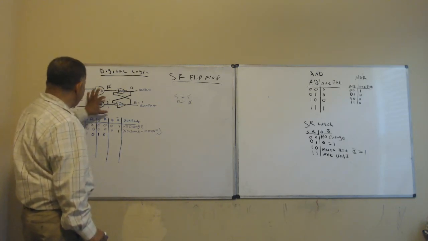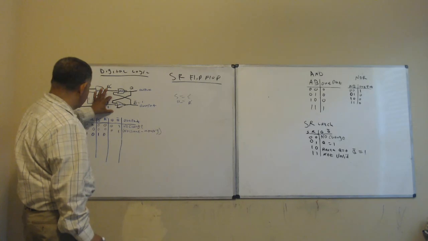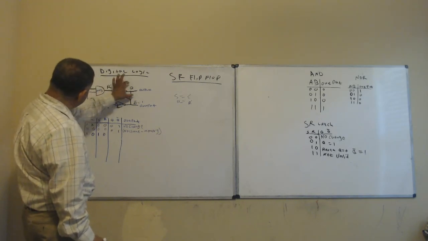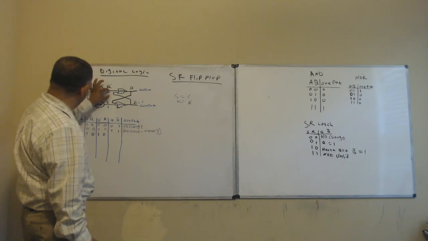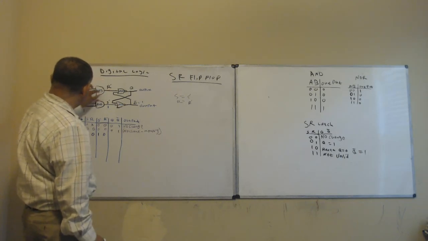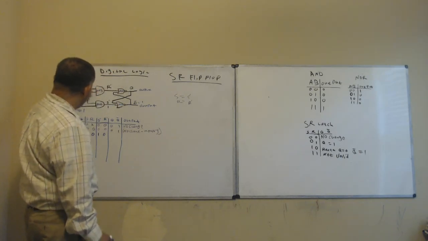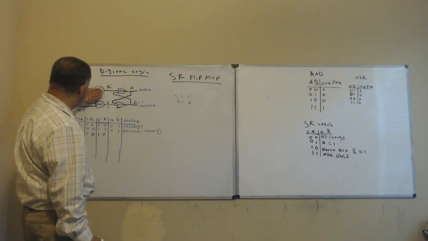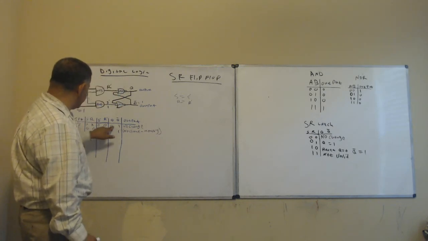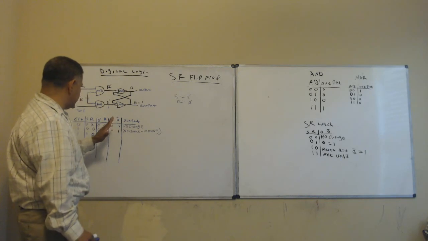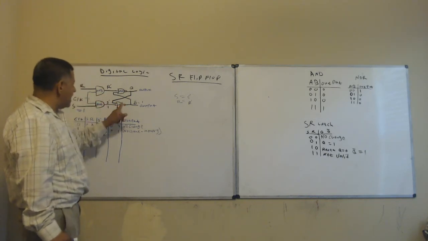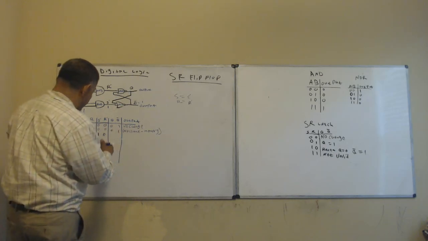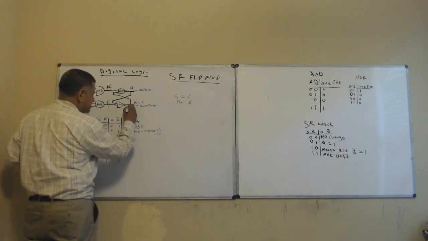We have a 1 here; this was 0 initially, coming in. We have a 1 over here and a 1 over here. Q was initially set to 0. We have a 1 and 1 coming in, and that becomes a 0.